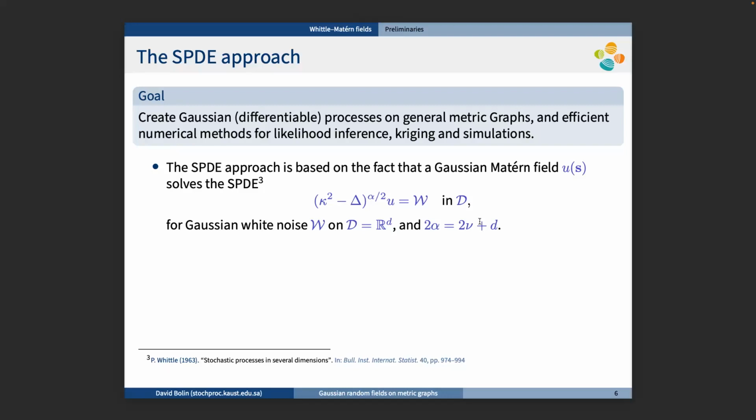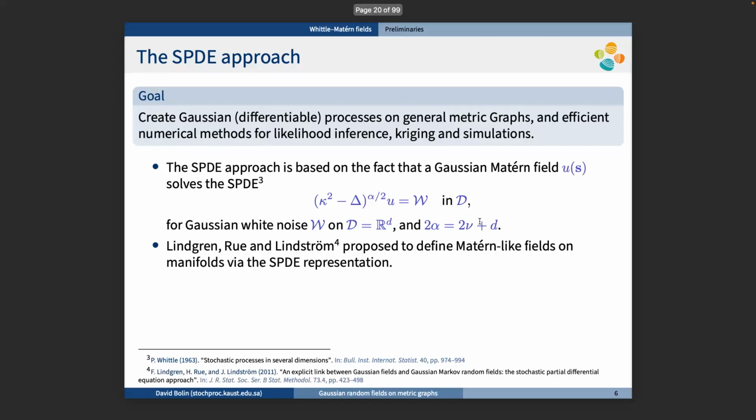This is a representation of these Gaussian Matern fields that has been known for a long time, that says that if you take this Gaussian process with a Matern covariance on R^d, it can be viewed as a solution to this fractional order PDE driven by Gaussian white noise. And about 10 years ago now, Lindgren, Rue, and Lindström proposed to use this approach to define Matern-like Gaussian fields on manifolds.